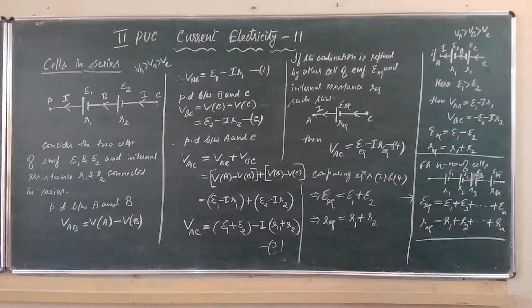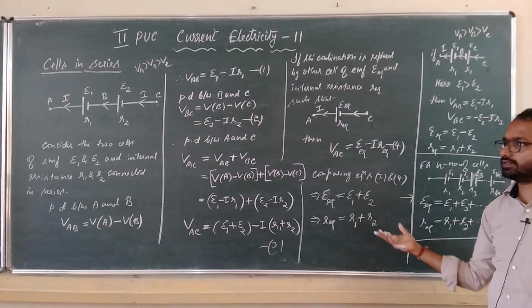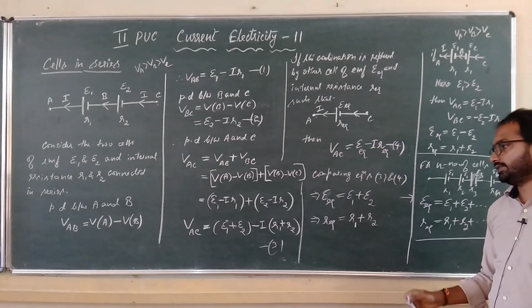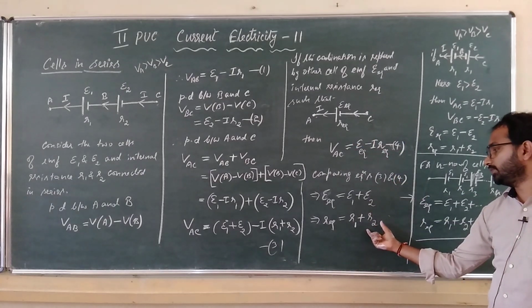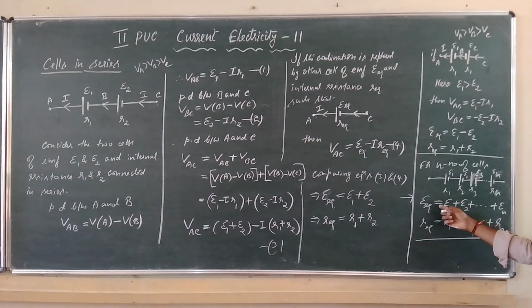This is an important derivation. If the question is asked for two cells, usually two cells are asked, write up to here. Then for n number of cells, the condition is that the negative terminal of one cell is connected to the positive terminal of the other, because we are taking all positive values of EMF here. Internal resistance, whatever the connection, is added.